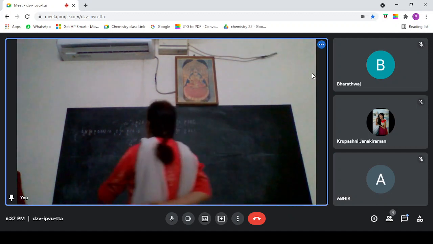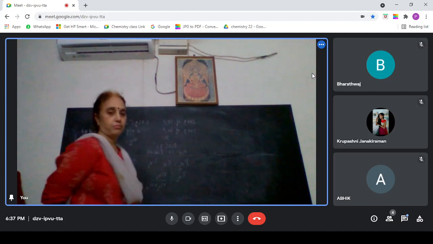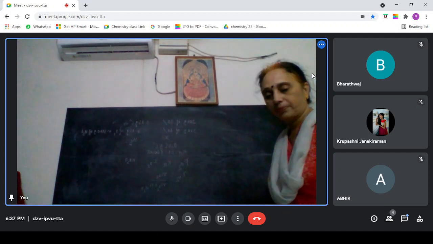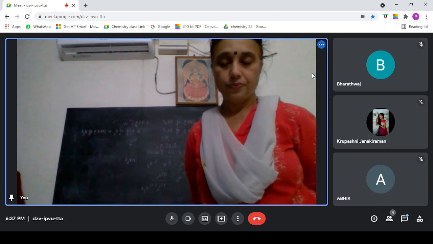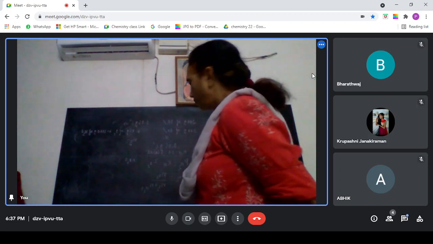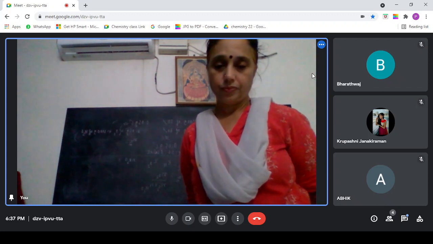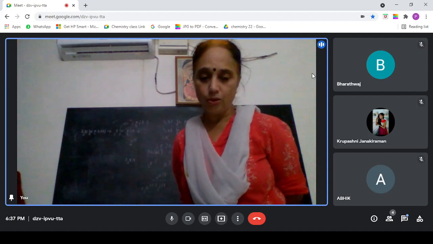Actually, it is in 1 liter of the solution, but 0.05 add or subtract, it doesn't change the value. So you can take it as 1000 grams of water. Keep it in kilobar only, no problem.